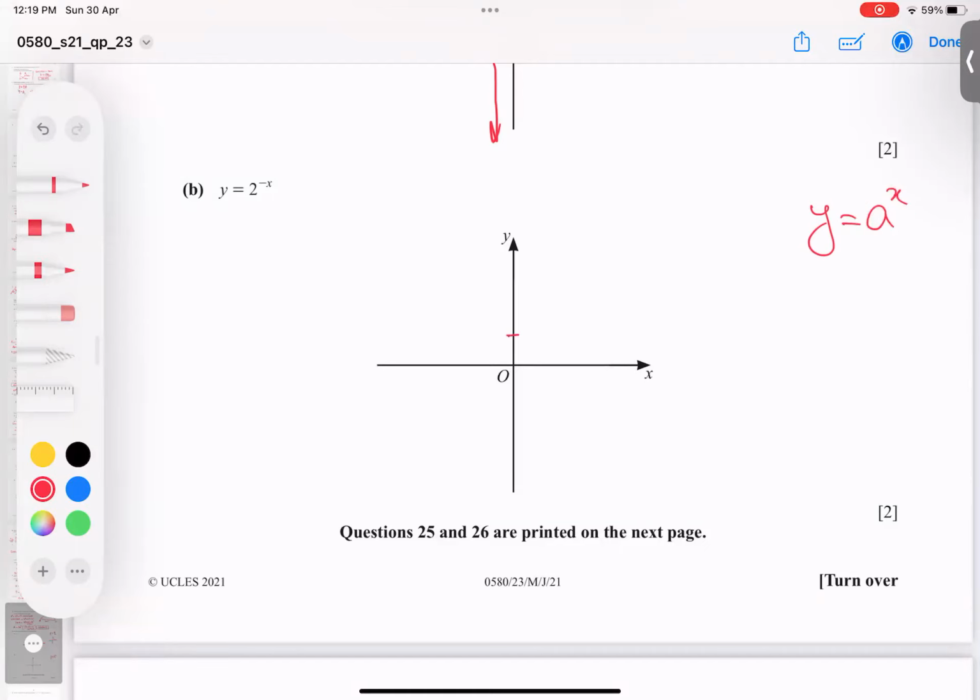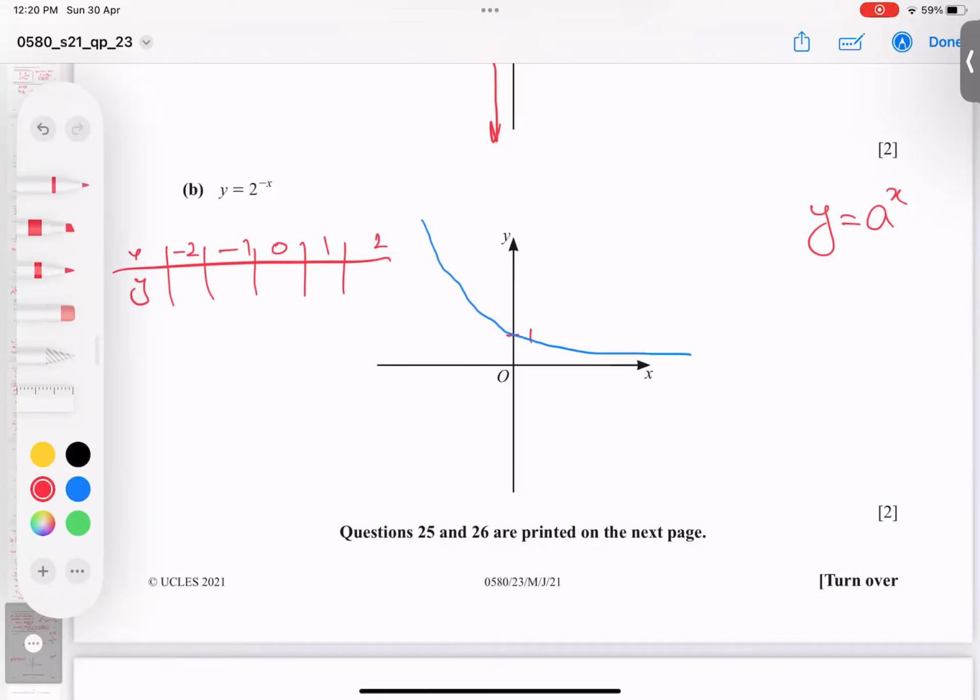So 100% the graph will cut at 1. Again, do the same technique I suggest as a teacher. Plug in some values, for example -2, -1, 0, 1, and 2. When you plug in 0 here, you get 1. This point is very clear. And when I plug in 1, the graph is coming this way.